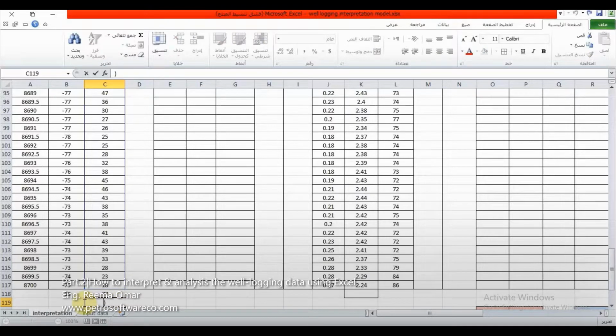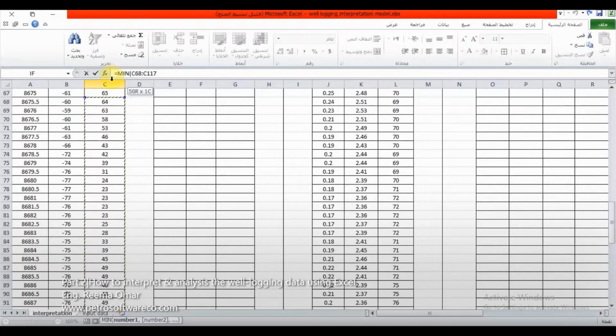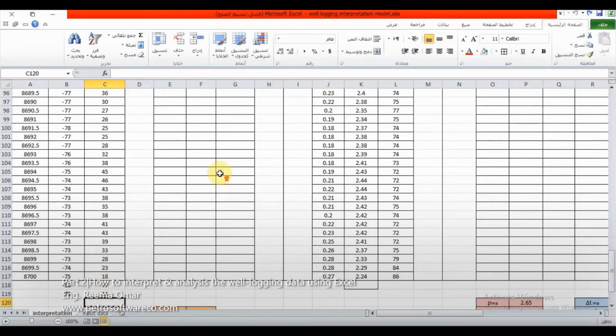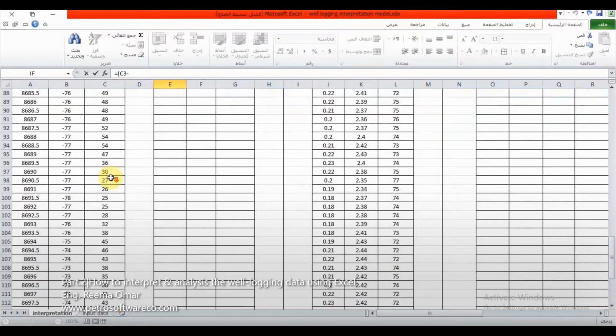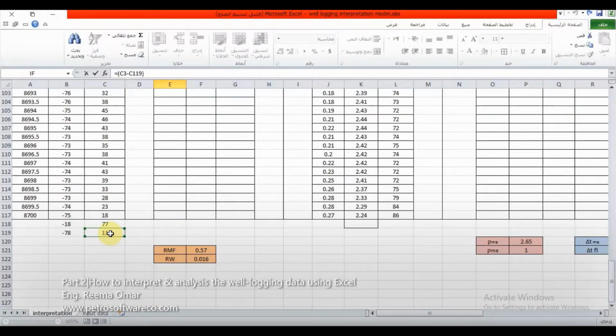Then we'll estimate the minimum. Gamma ray reading at specific depth minus gamma ray clean or gamma ray minimum, divided by gamma ray shale or max gamma ray minus gamma ray minimum.